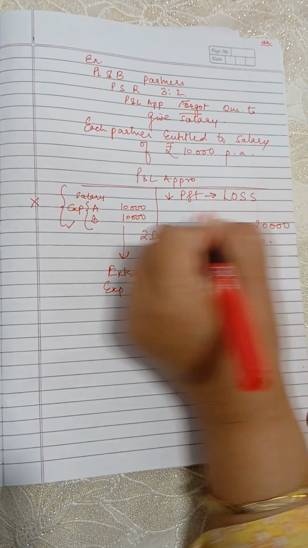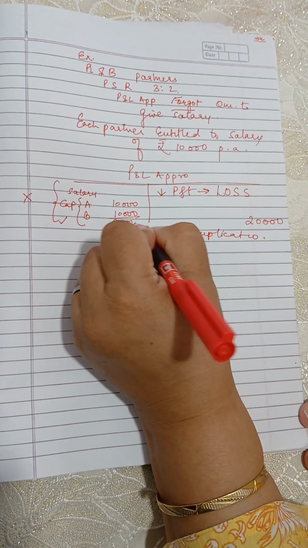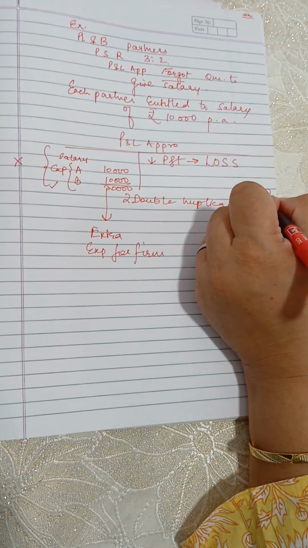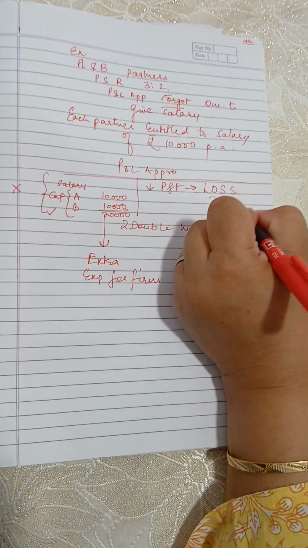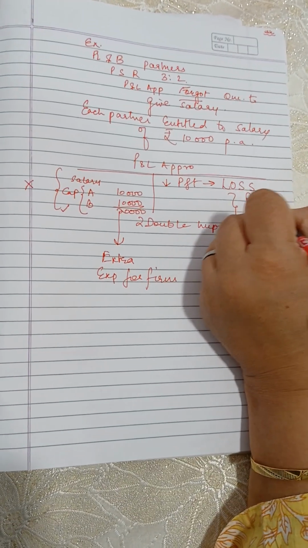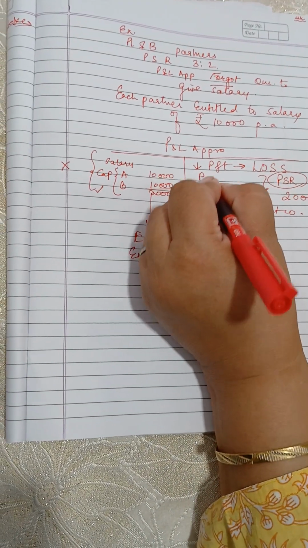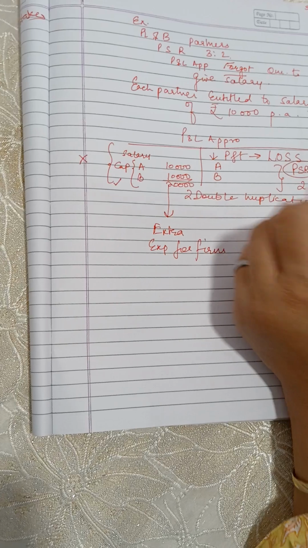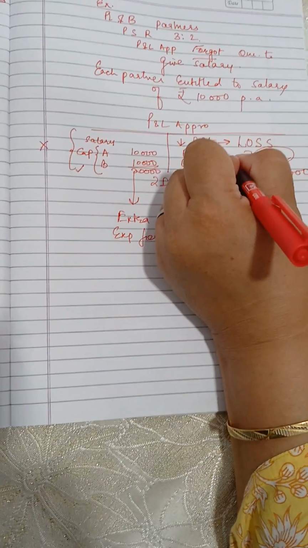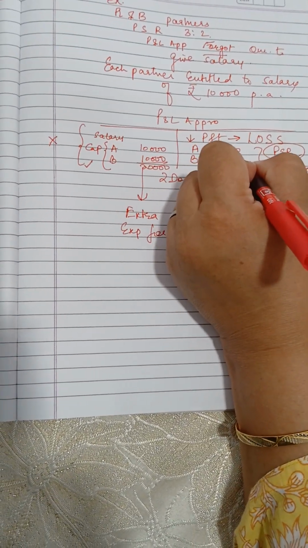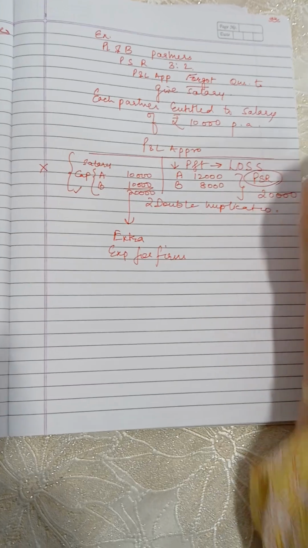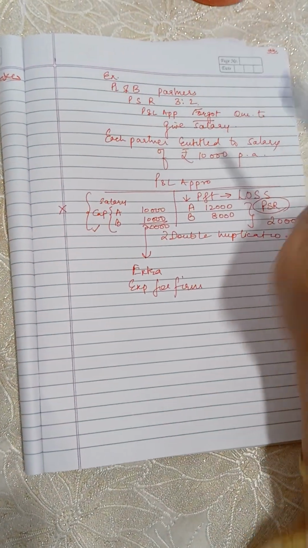Total 20,000. Total of the two amounts, 20,000 extra here, 20,000 comes here. Now this will be shared in PSR. We are given 3:2 PSR. That means A and B were given extra profit of 12,000 and 8,000 respectively. This was given as extra profit.